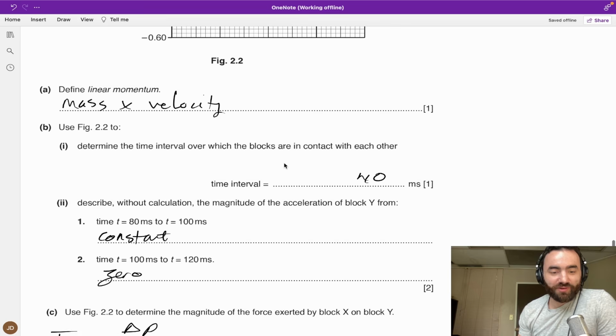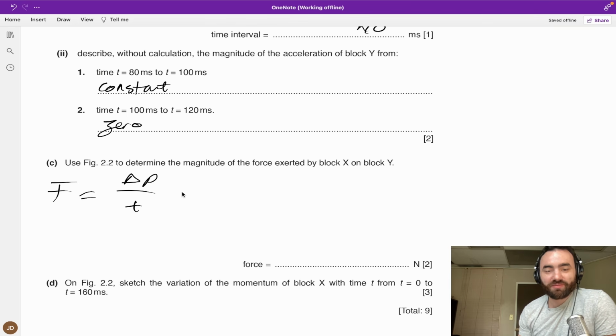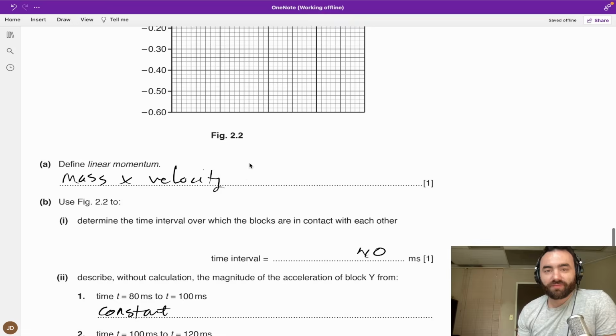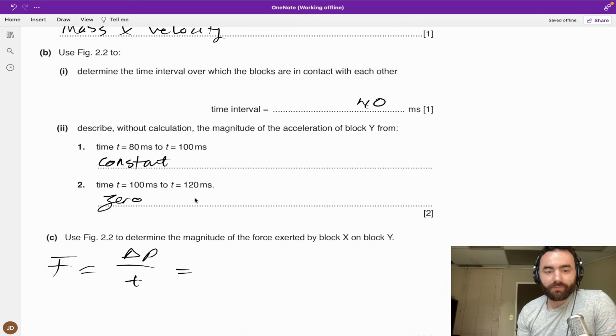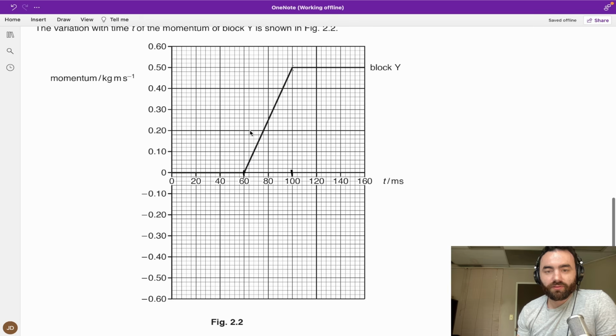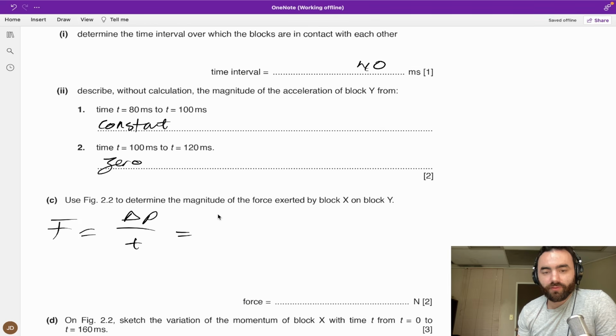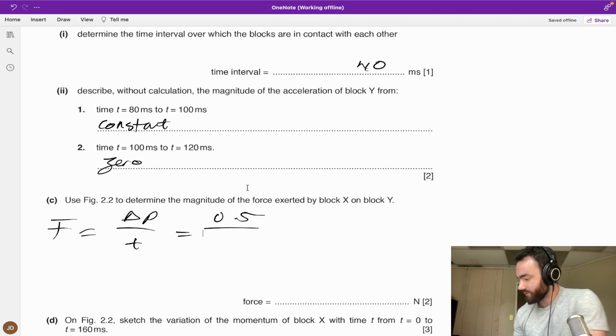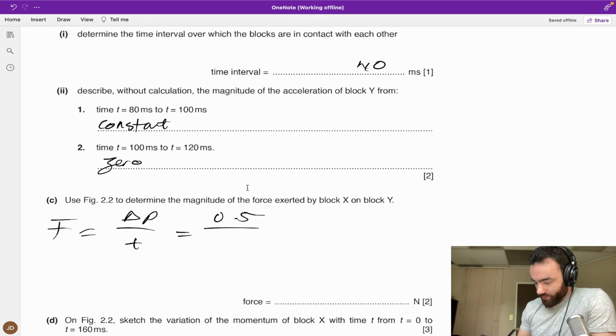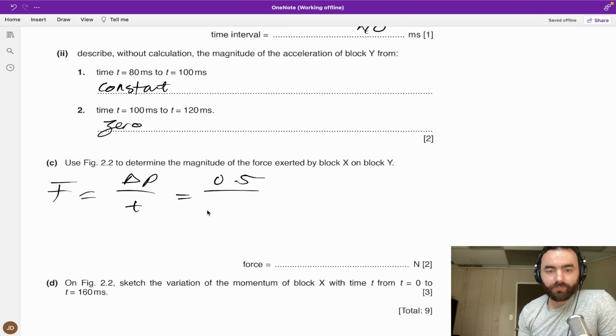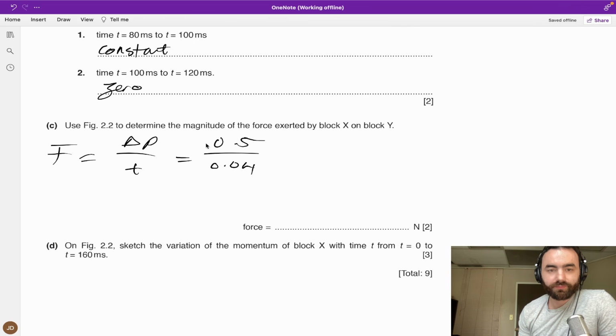Okay, so wait, what am I doing? So the change in momentum is 0 to 0.5, so we have a 0.5 change in momentum, and the time of contact is 40 milliseconds, which is 0.04.